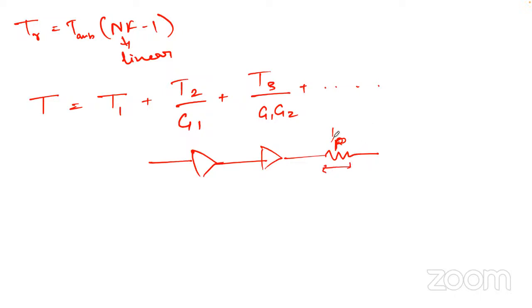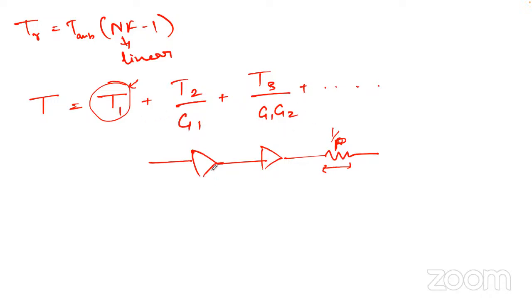Okay, so this cascading thing is very important because this shows that the temperature of the first amplifier sets the temperature of the rest of them.